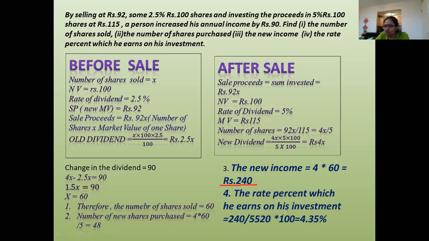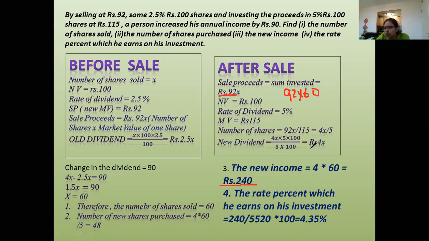And the rate percent which he earns on his investment. The actual investment is this, right? Which is 92 multiplied by 60, which is 5520. 5,520 is the new investment.